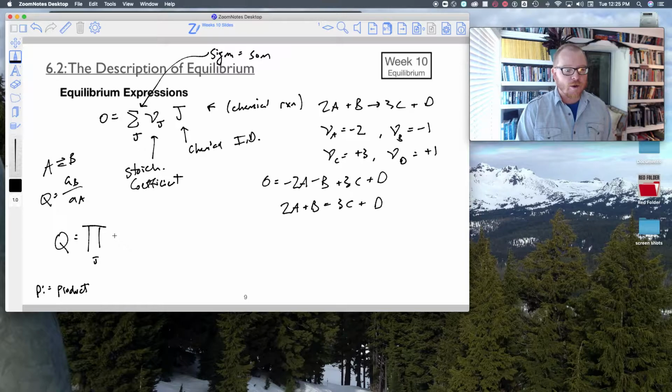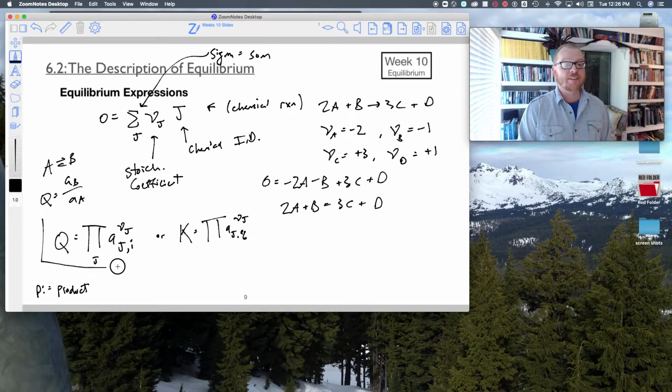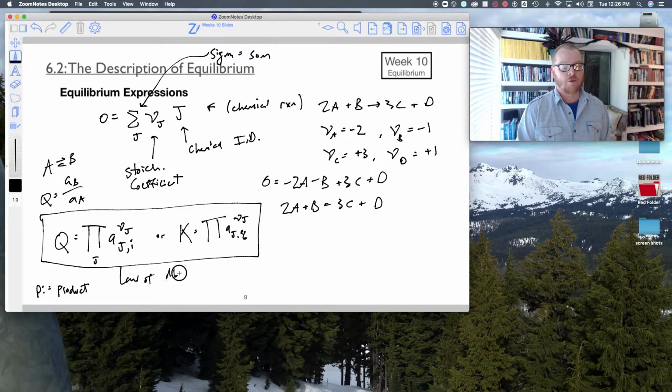And so our Q becomes the activity of species J, raised to its stoichiometric coefficient, for initial activities, okay, so I'm going to say A_J,i. Or we know that K equals big capital Pi, A_J at equilibrium raised to the nu J power. This is actually the law of mass action. This is actually it. That's how you establish the equilibrium expressions.